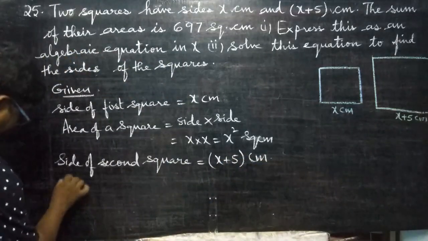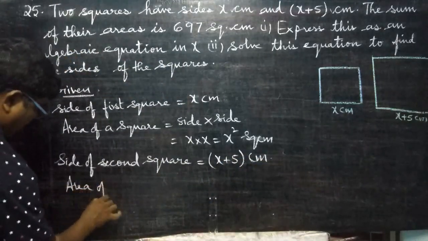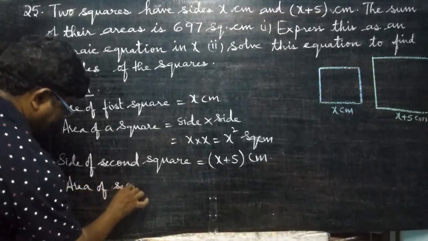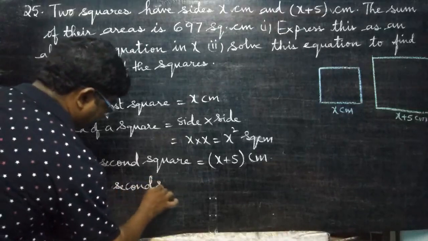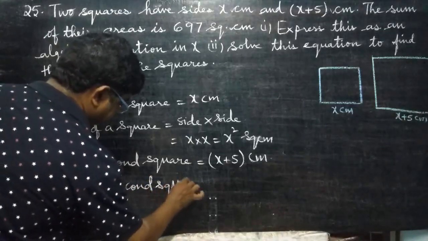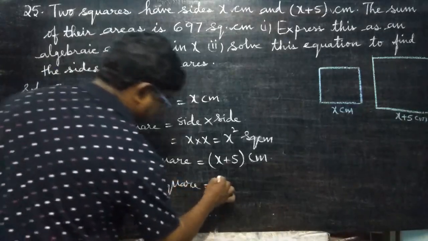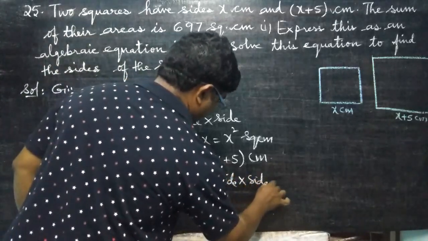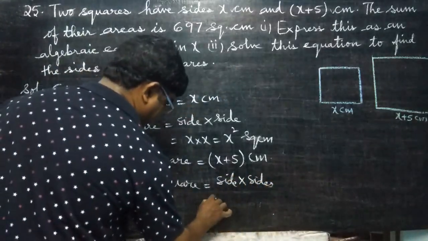Now formula: area of second square, same formula, side into side. The formula will not change. Side into side, we have learned in the previous classes.